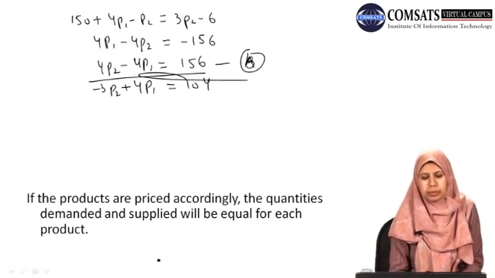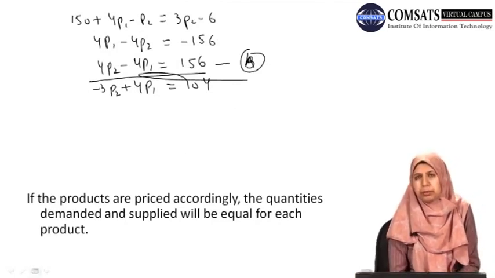Now we have two equations A and B in two unknowns, prices P1 and P2.